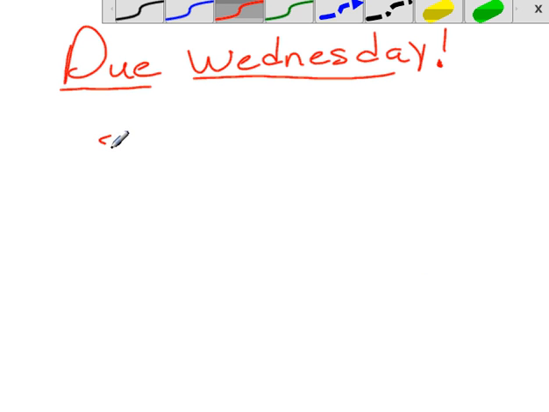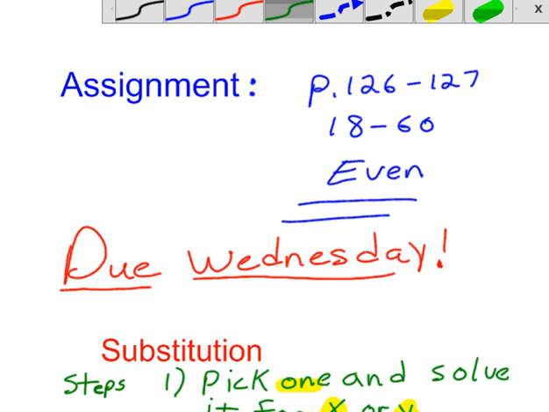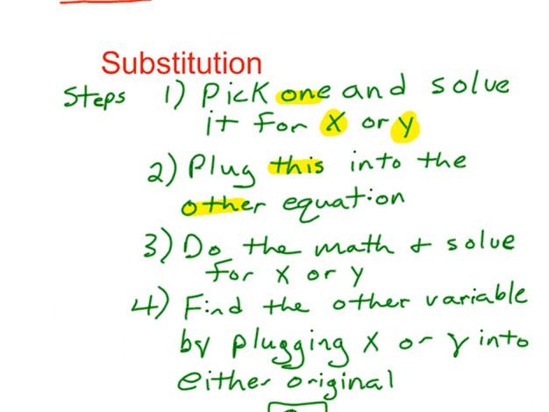Steps for substitution. All right, so we'll have our assignment due Wednesday. We did substitution property, and I went ahead here, guys, and wrote you a little list of steps for substitution property.